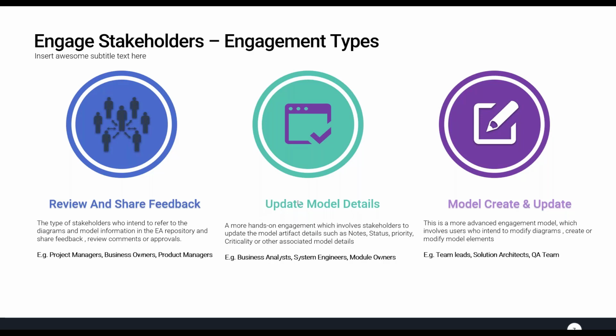So an engagement also involves updating model details, but even more advanced engagement would involve creating and updating models and diagrams as well. For example, you have people from the QA team or the team leads who figure out that there are missing links in your use cases, or there are missing requirements, or there are missing blocks or attributes.